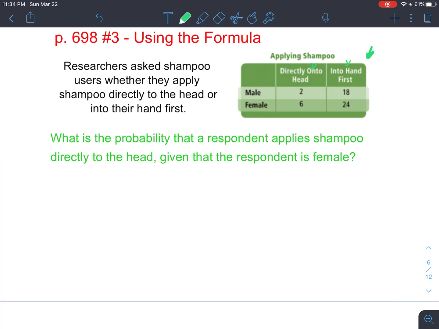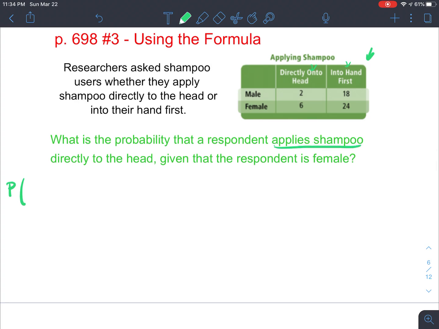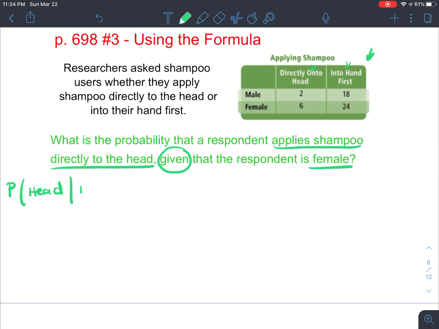First, let's try to write this as a probability. What are we trying to figure out if it can happen? Well, that's applies shampoo directly to the head, given that the respondent is female. All right, so how does this work with the formula?